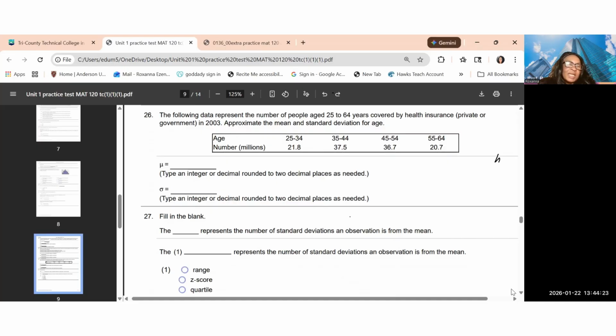But this group data is horizontal. So you have to be very careful when you're given group data and the group data is horizontal. I always want to take the horizontal group data and make it vertical. So I want to rewrite it to look vertical.